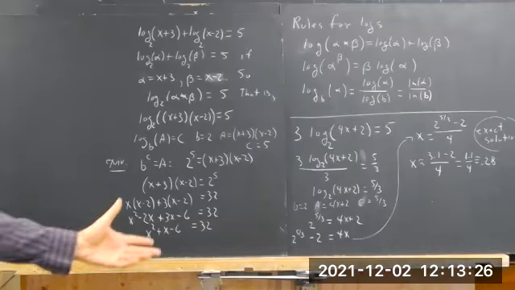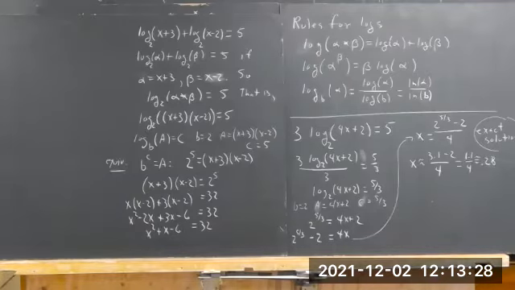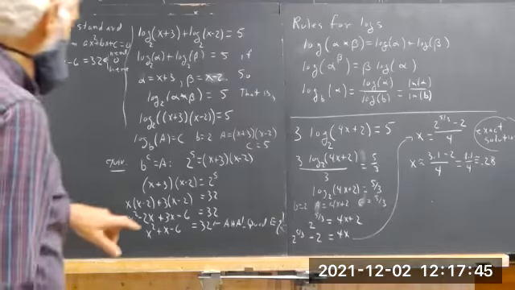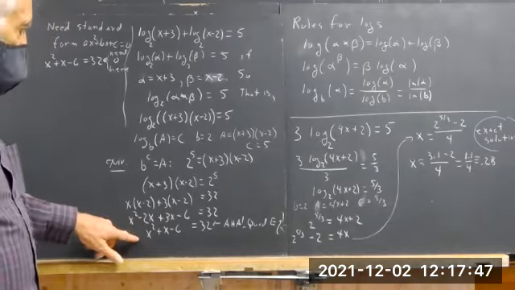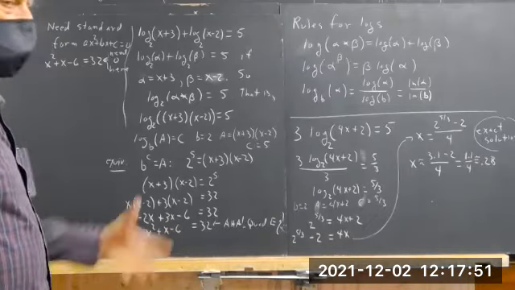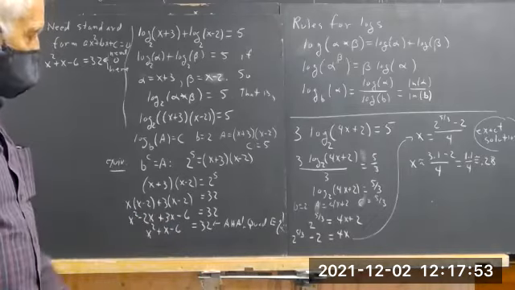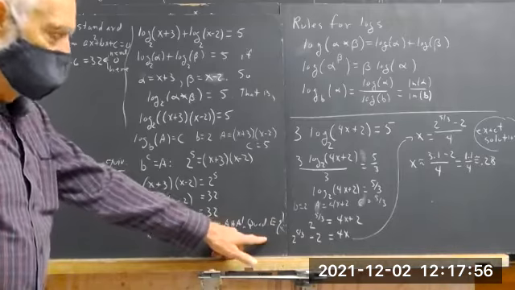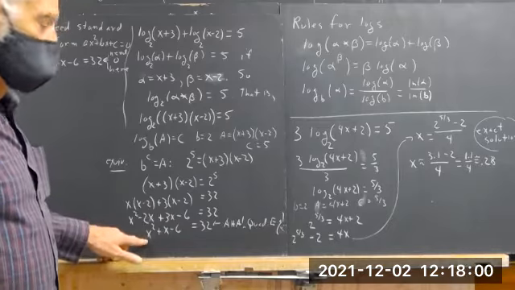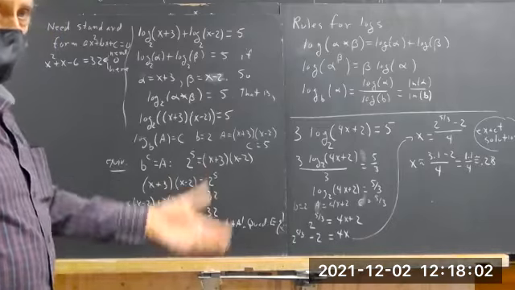Now how do we solve this equation? Our equation is x squared plus x minus 6 equals 32. You've got to recognize something. Aha, this is a quadratic equation. It's got an x squared, it's got an x, it's got a constant term, right?